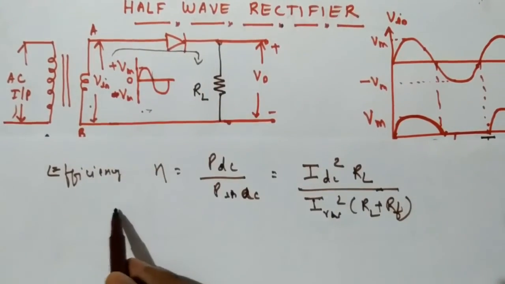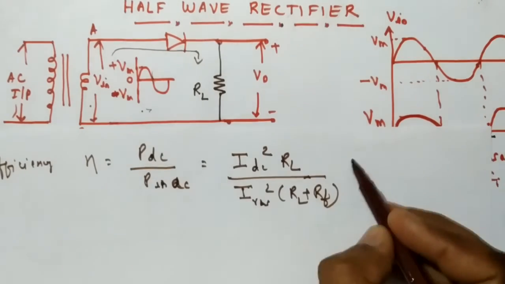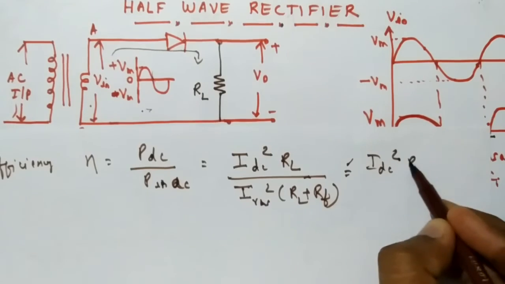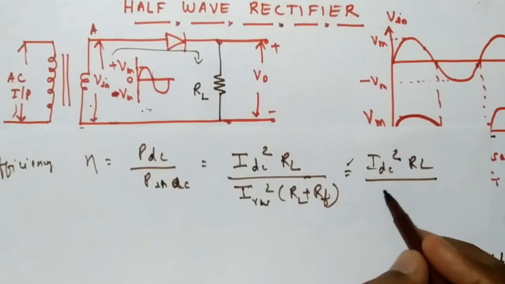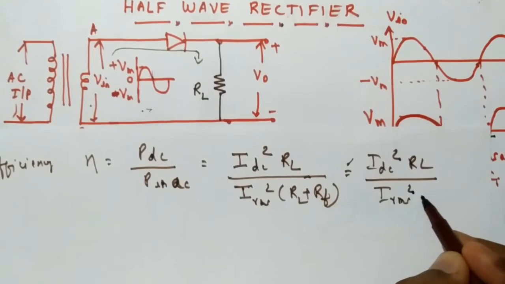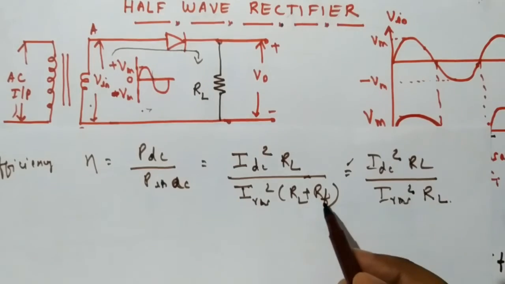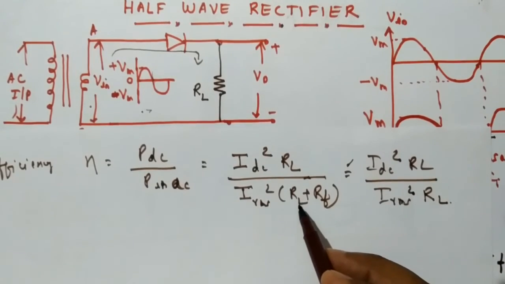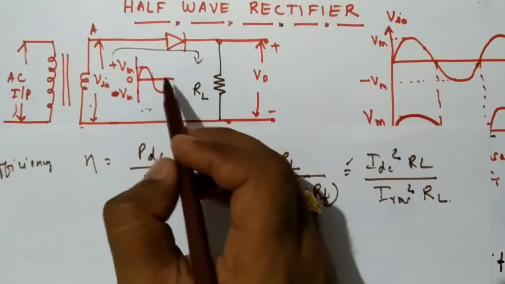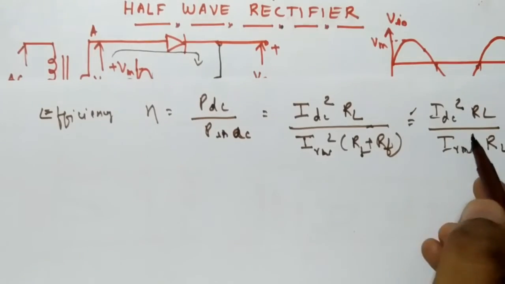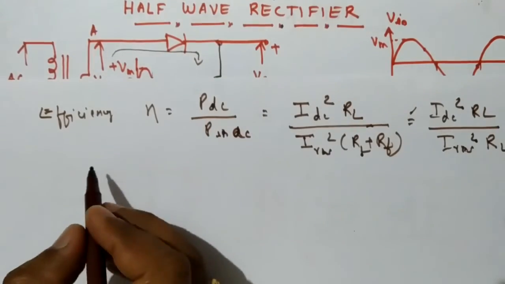So this is equal to I DC square into RL divided by I RMS square into RL, because RF is very, very small compared to RL, because the forward resistance of the diode is very, very small. Now what is I DC? I DC is Im by pi.